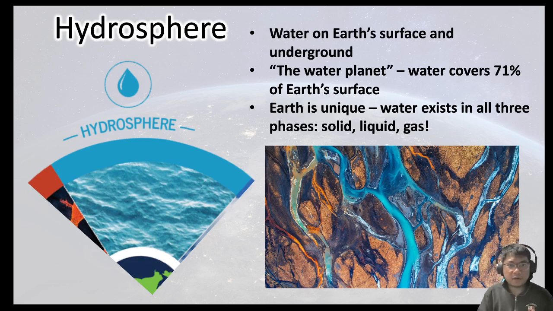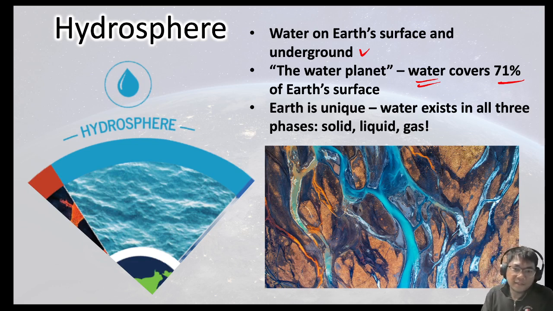The hydrosphere refers to water on the Earth's surface and underground as well. And the Earth is considered the water planet because we have water covering about 71% of the Earth's surface. The Earth is also considered a unique planet because water exists in this planet in all three phases.